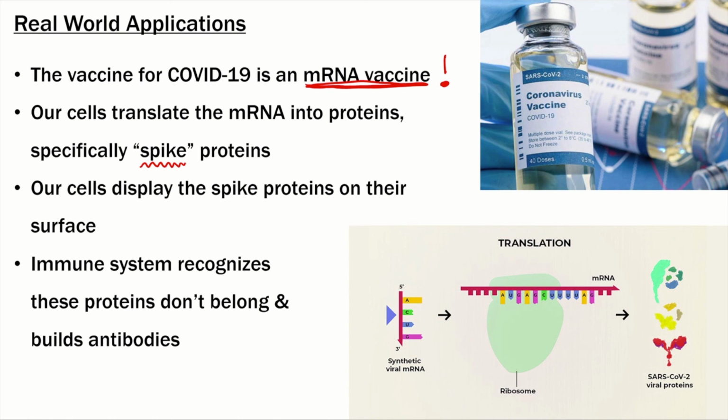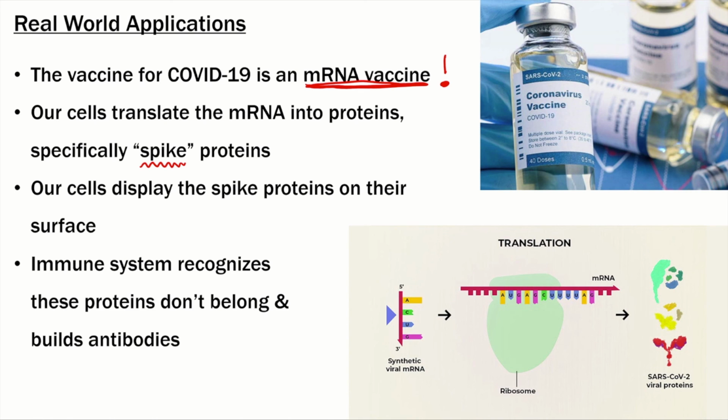So our cells will use the instructions from mRNA to make spike proteins, and they'll put these on their surface. Then these proteins can be recognized by the cells of our immune system, and our bodies will have an immune response. So essentially, our bodies learn that, hey, this protein shouldn't be here.